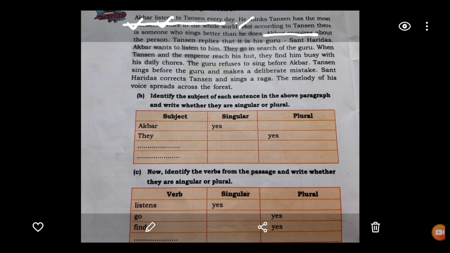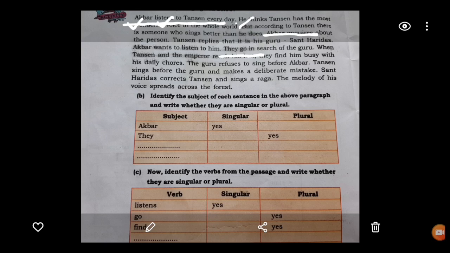And the next one more, they go in search of the Guru. Now, which is the verb here? They go. Yes, go is the verb. Is there any S with that verb go? Go എന്നതിൻ്റെ കൂടെ S ഉണ്ടോ?